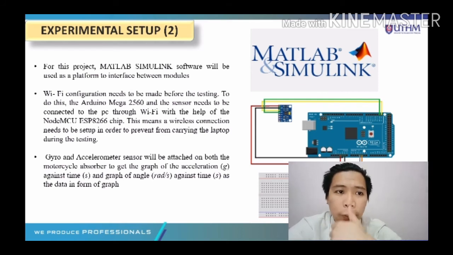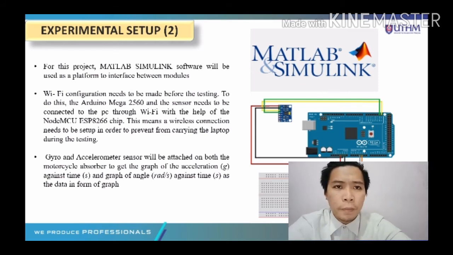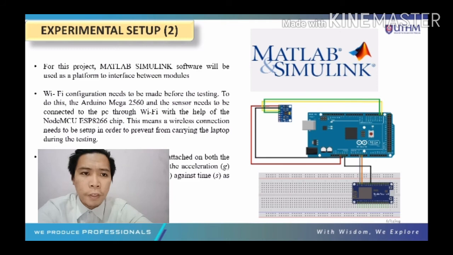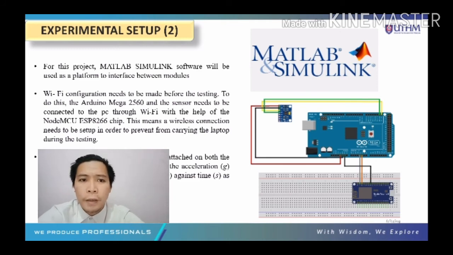Okay, so the next one for the experiment setup is that for this project, software like MATLAB and Simulink will be used as a platform to interface between all of these modules. A Wi-Fi configuration needs to be made before beginning the testing.